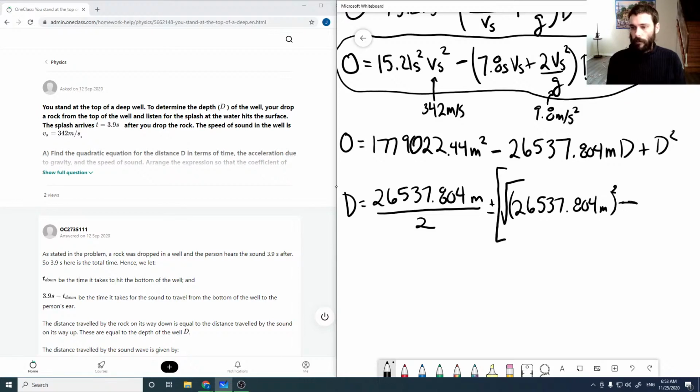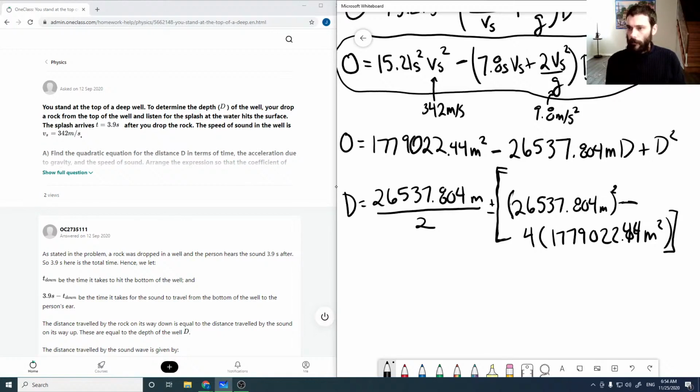So minus, and I'm going to get rid of the square root symbol just because it's kind of in the way as well. So I use a big old square bracket, and minus 4 times 1779022.0.44 meters squared.